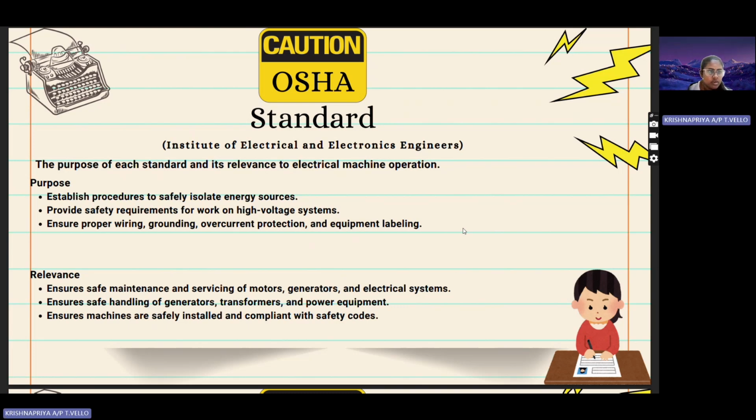The last one is OSHA 1910.302 to 308. Its purpose is to ensure proper wiring, grounding, overcurrent protection, and equipment labeling. It is relevant to ensure machines are safely installed and comply with safety codes.